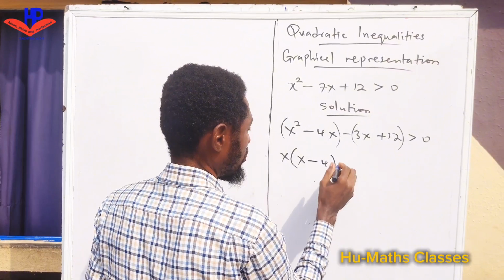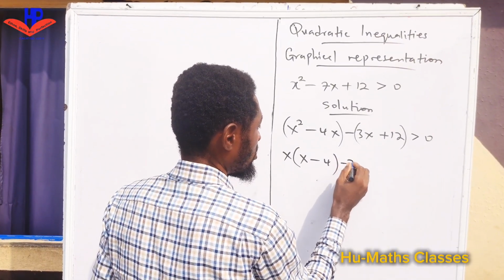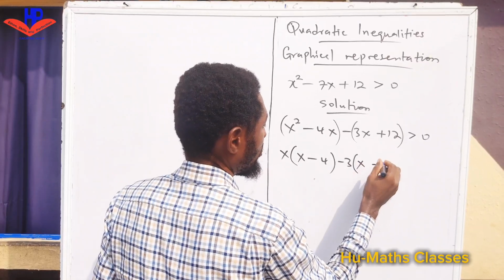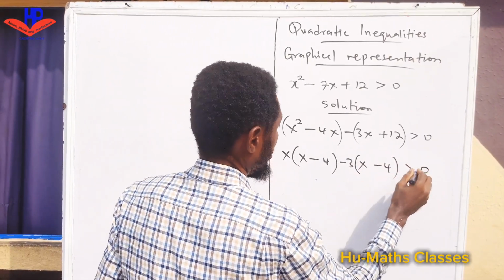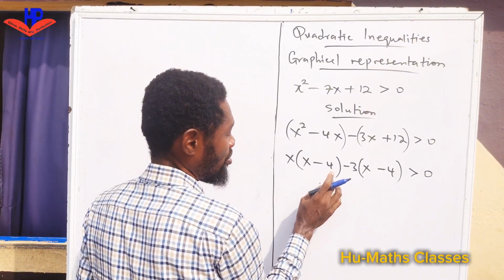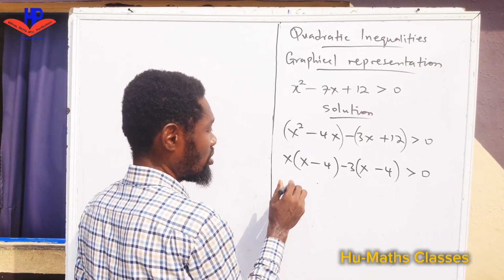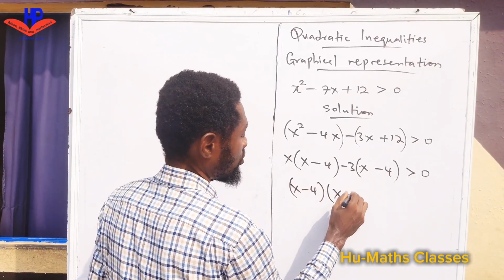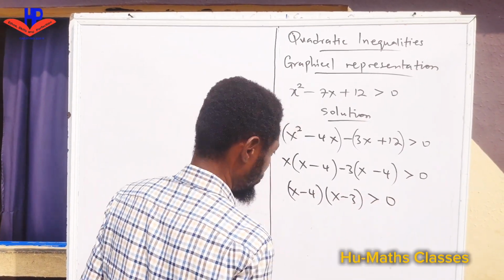What is common here is 3. We take 3 out, and you have x minus 4 greater than 0. So we pick the numbers out of the bracket and pick only one of the brackets to multiply the other one. So we have x minus 4 into x minus 3 greater than 0.